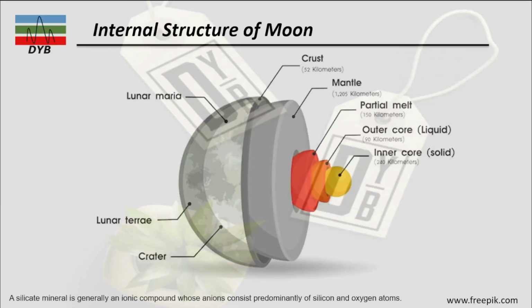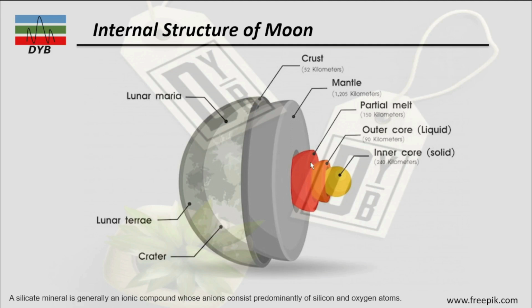We can also look at the internal structure of the moon. Let's start from the top, where we have the crust, which is around 52 kilometers thick. Then we have the mantle, which is 1205 kilometers thick.